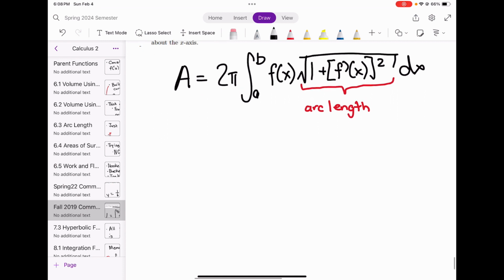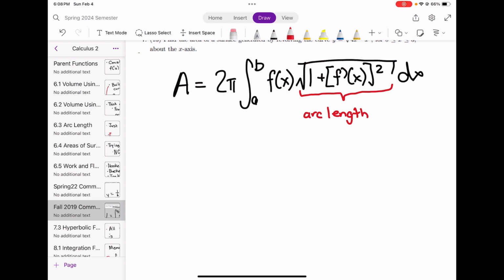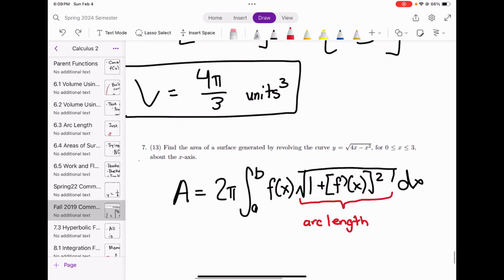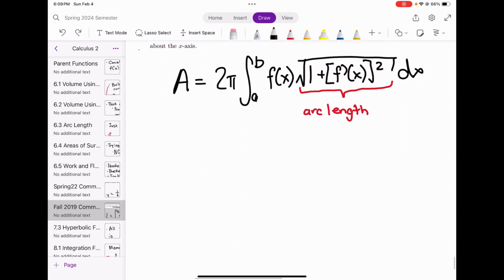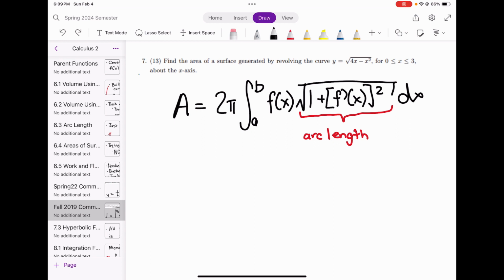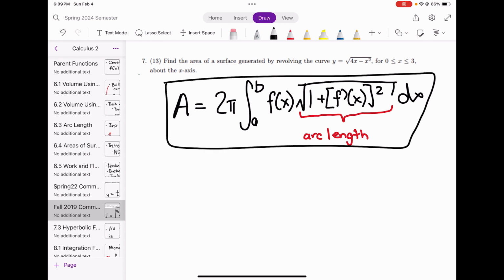And this part right here just comes from, I believe, the circumference of a circle, 2 pi r. Yeah, I think so. But you don't need to worry about that. What you do need to worry about is memorizing this formula as it is, right?